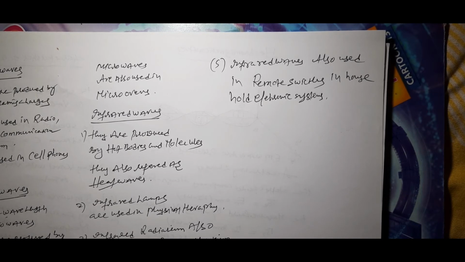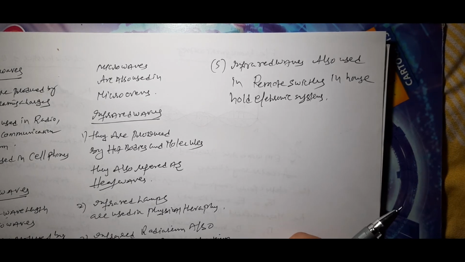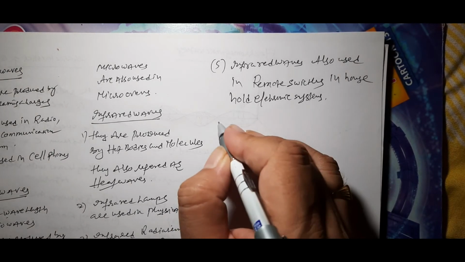Not only in remotes, but also to take a photo in fog conditions, we use infrared waves in flashlights.